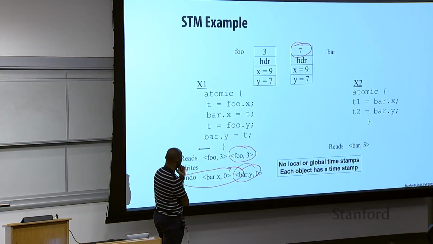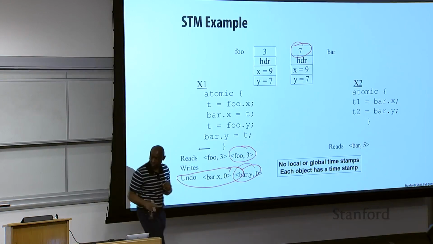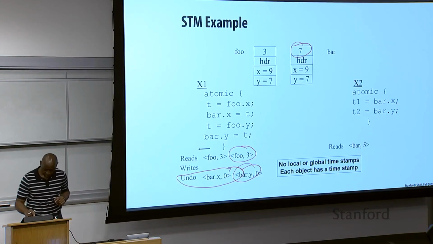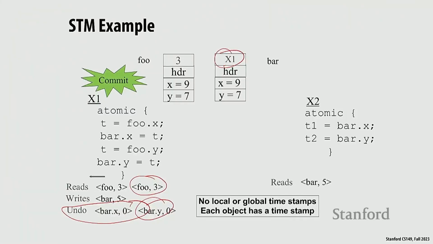When we did bar.x equals t, we had whatever bar.x in the write set. Right. And then we wrote bar.y equals t, we just added to the undo set, we didn't add another element to the write set. Yeah, that probably is incorrect. Yeah, we probably should add an entry to the write set for both writes to bar. Okay.